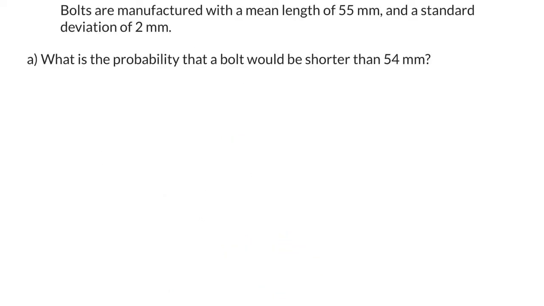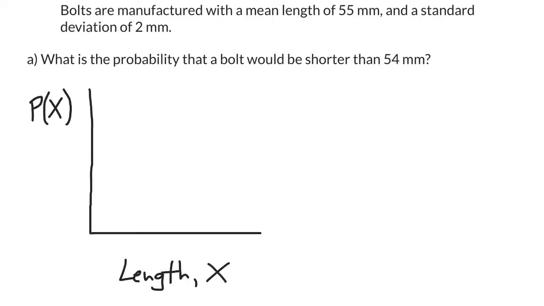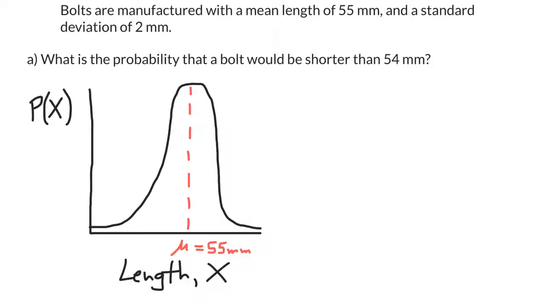So here's an example. Bolts are manufactured with a mean length of 55 millimeters and a standard deviation of 2 millimeters. We're going to assume that the length of the bolts is normally distributed. So if I were to think about how this would look as a probability distribution graph, I would have a normal distribution where the mean is 55 millimeters.